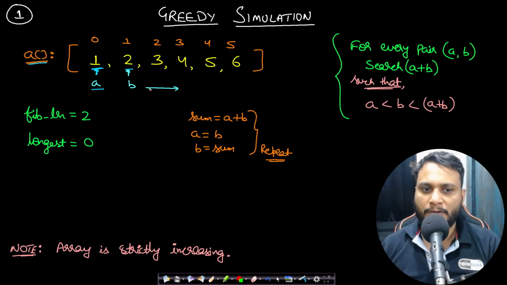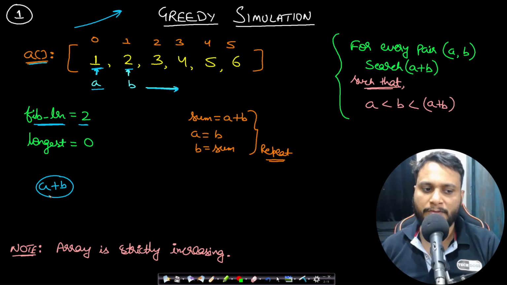I have to find a given sum value which can extend this Fibonacci length. The Fibonacci length will start with 2 because we are assuming A and B. Now I have to find out if there is an A plus B to the right hand side of B, because this array is strictly increasing.